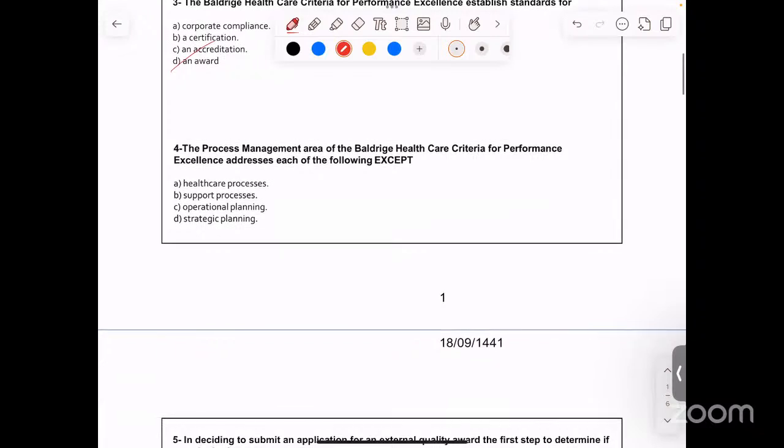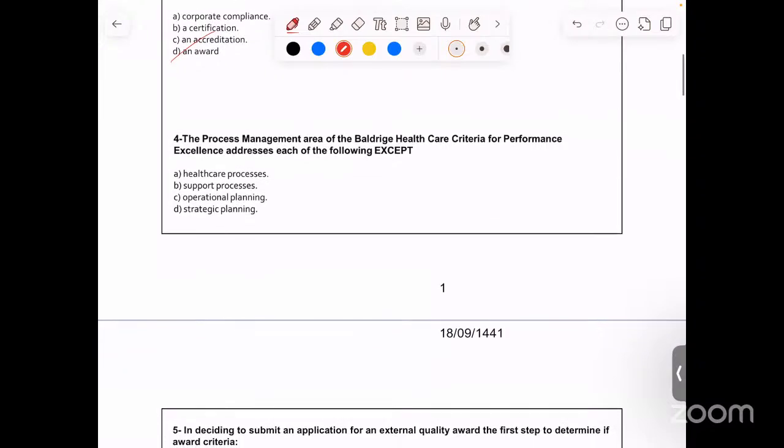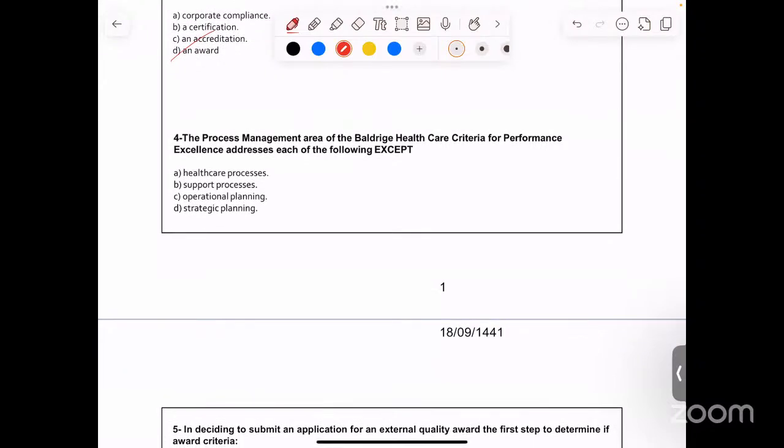Number 4. The process management area of the Baldrige Healthcare Criteria for Performance Excellence addresses each of the following except. Okay, process management areas address all of the following except for one statement that is wrong.